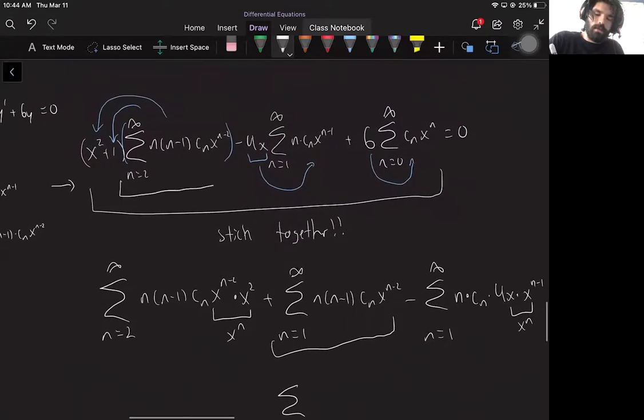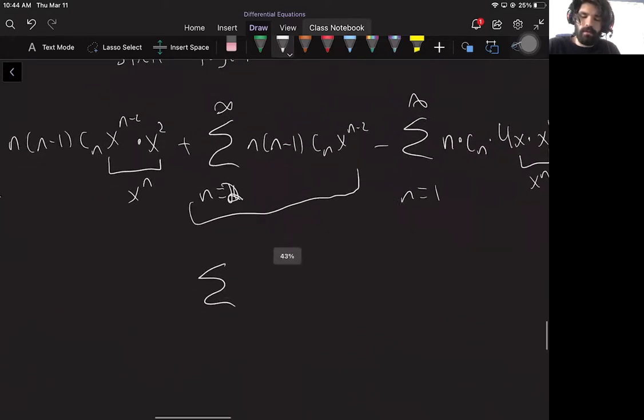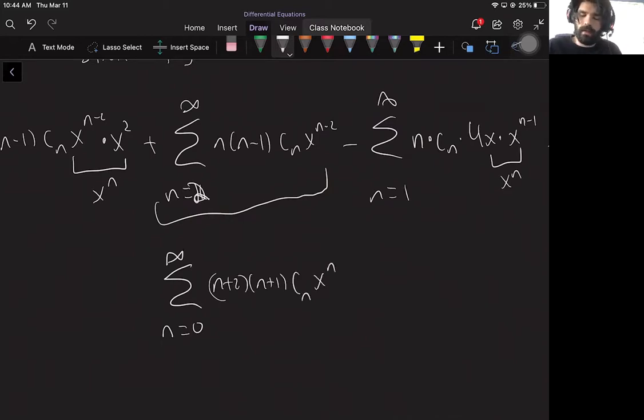So I distributed this into that 1. So it's 1 times that, so it doesn't change at all. So that should still be a 2 there. That would have screwed up everything. Okay, so now I'm going to re-index by adding 2 to all the n's and subtracting 2 on the index. And now they're all x to the n's.